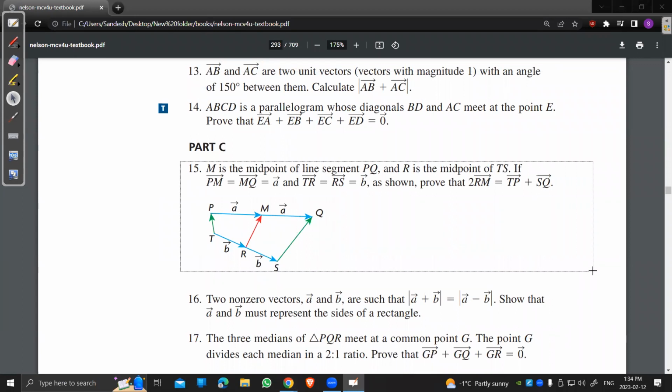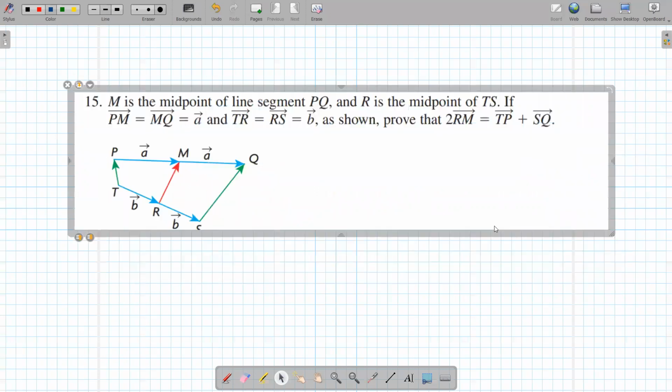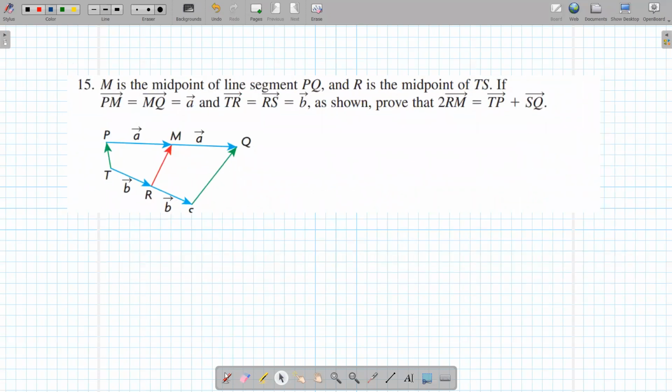This one looks difficult. If PM equals MQ, so this is the same thing as this, and this thing is the same thing as this. Prove that 2RM is TP plus SQ.